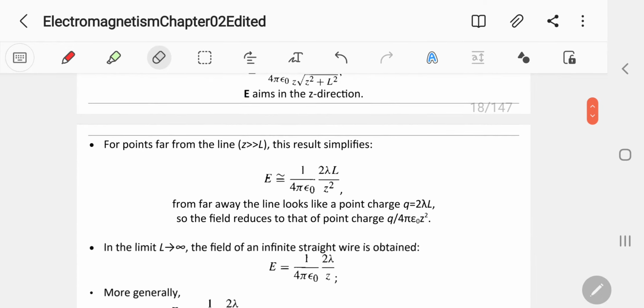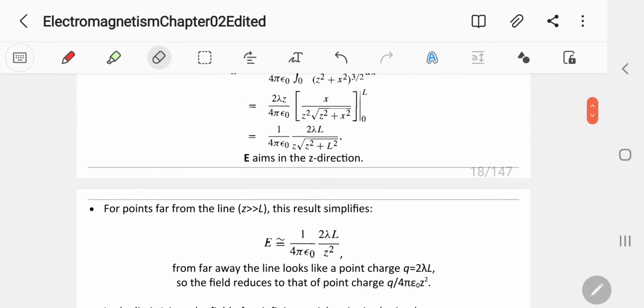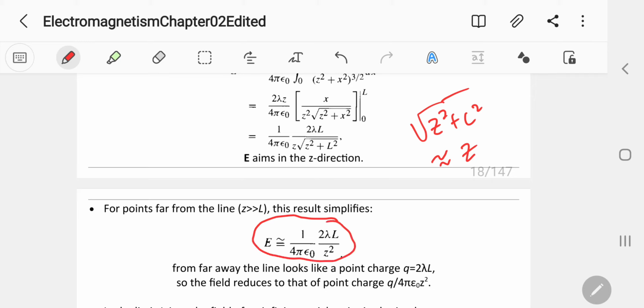So if the field point is very far away from the line charge, then z would dominate the denominator, so that your square root of z squared plus L squared, if z is very far away, would just be z. And so you will have an electric field that would look like this, very far away.